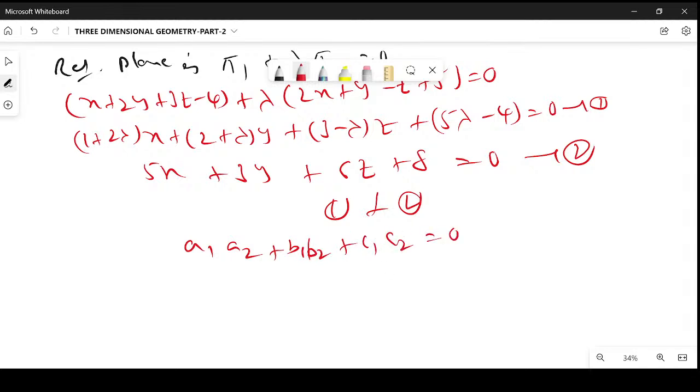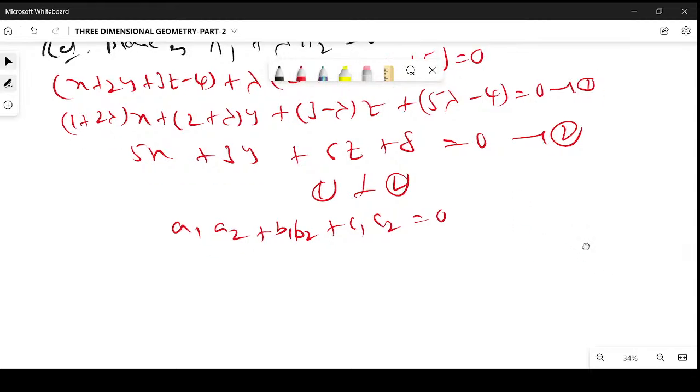If we use this, 1 plus 2 lambda into 5 plus 2 plus lambda into 3.